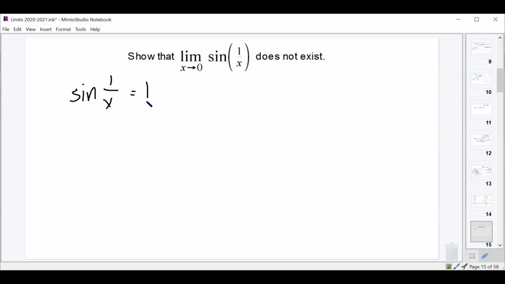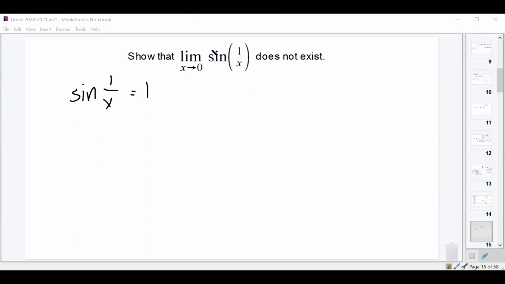No? What angle, when I take the sine of it, gives me 1? 90 degrees, or in radians, pi over 2, right?